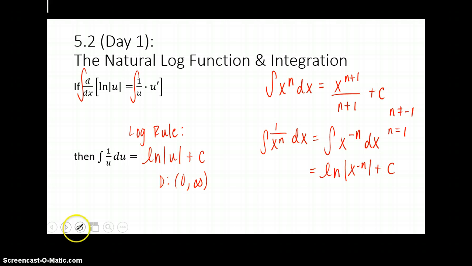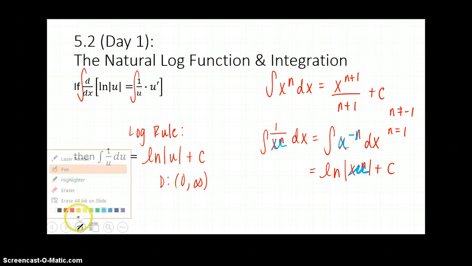Okay, so we call this u. So then we would have u to the negative first. And now when we integrate anything to the negative first power, it would be the natural log of u plus c. Okay, and if you printed the slide, you'll see that we'll just practice this with a bunch of examples.